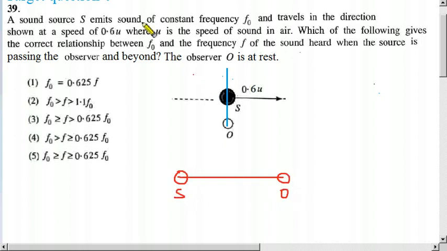It has no effect. Therefore the frequency is the same at this point. The frequency heard is equal to the real frequency.